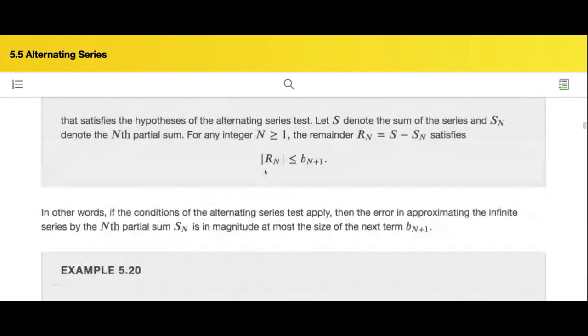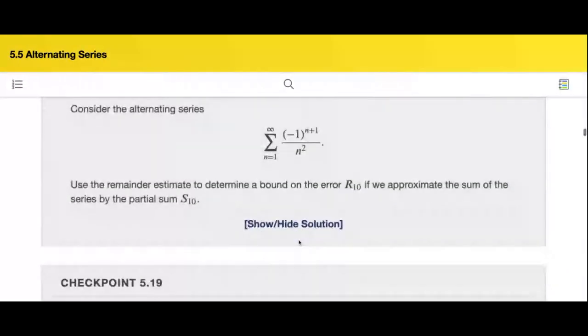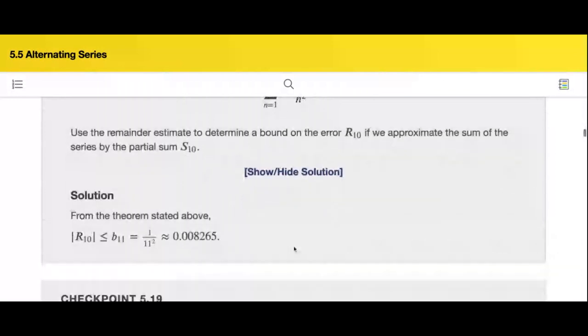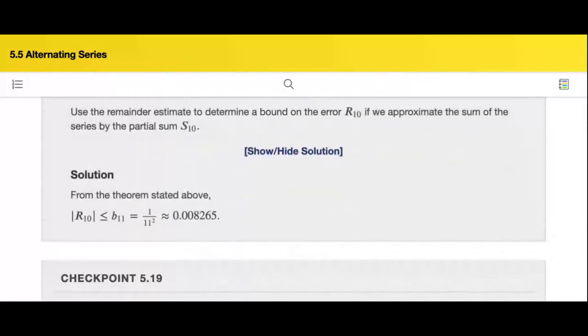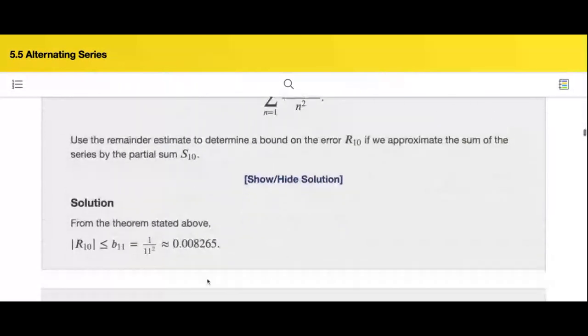So this is saying the remainder is bounded by the next term. R10 is bounded by B11. So B11 is just 1 over 11 squared, right? So R10 is bounded by this.